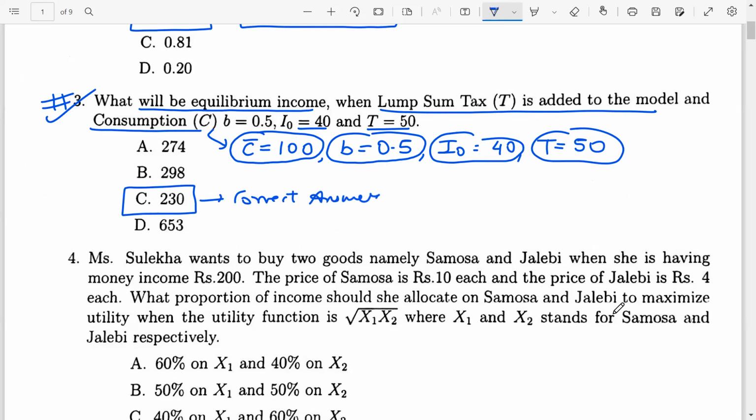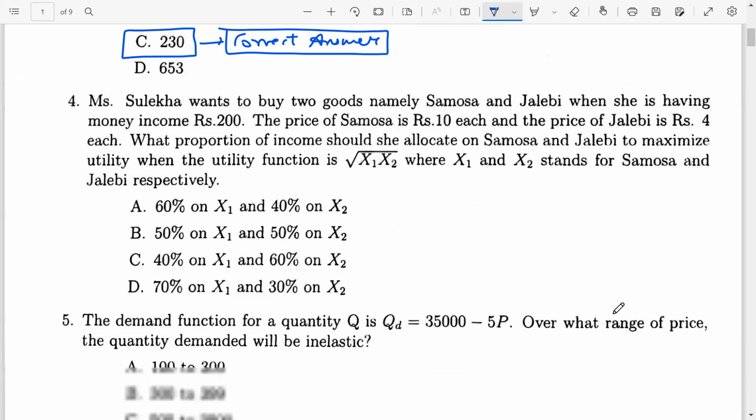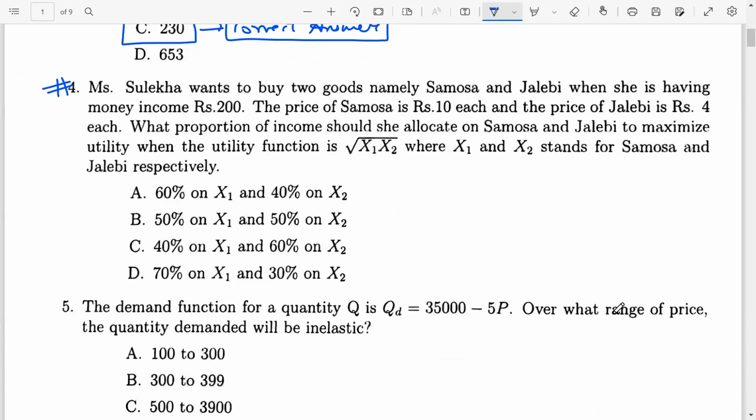Okay, and then let me look at the last question for this lecture, after which we stop in this particular lecture. Let's look at question number 4. Mrs. Sulekha wants to buy 2 goods, samosa and jalebi, when she has a money income of 200 rupees. The price of samosa is 10 rupees each and the price of jalebi is 4 rupees each.